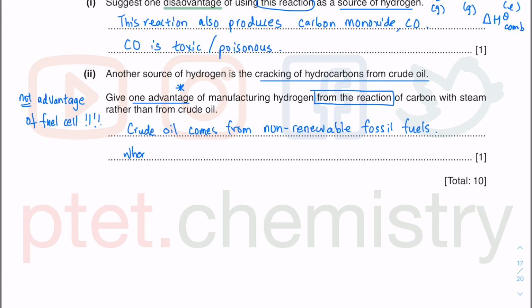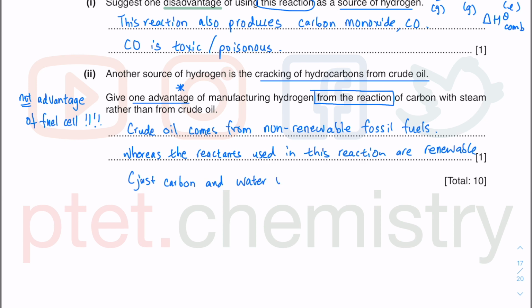Whereas the reactants used in this reaction are readily available and renewable. Essentially, it's just carbon and also water. Well, water vapor, which you get by vaporizing water. And that's the end of that 10 marks question, really.